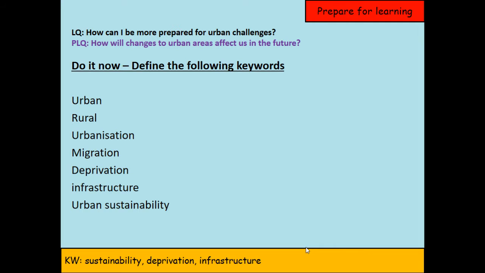Pause the screen, and you need to be able to get these answers down. You need to know what urban means, what rural means, what urbanisation means, what migration means, what deprivation means, what infrastructure means, and what urban sustainability means. Okay? Have a go at finding those out.